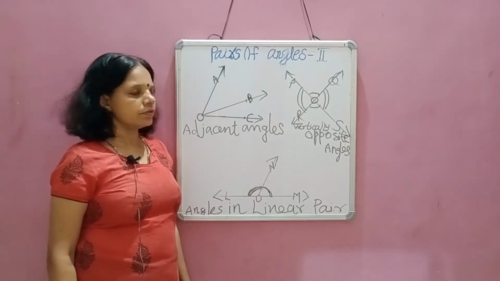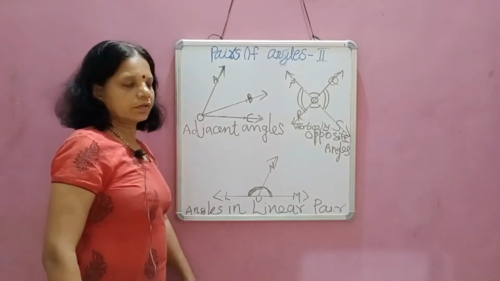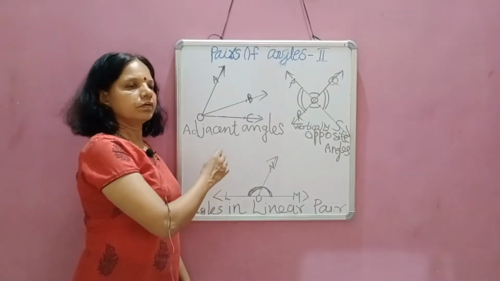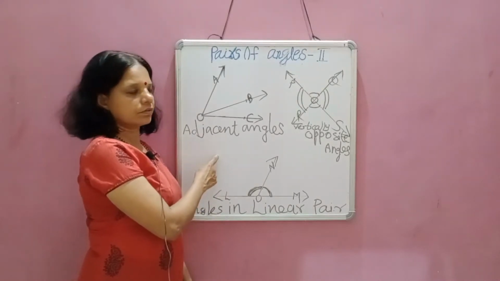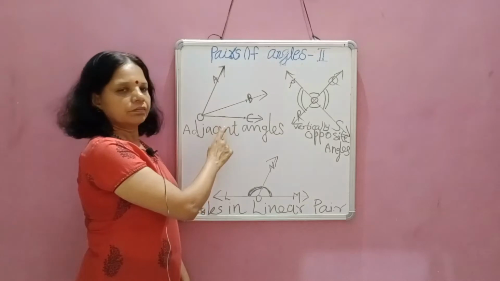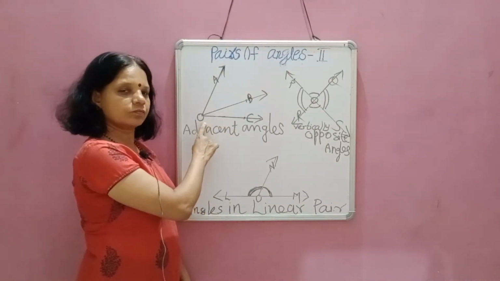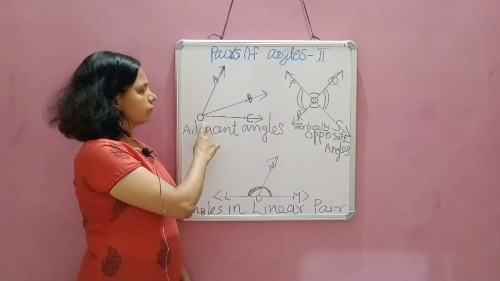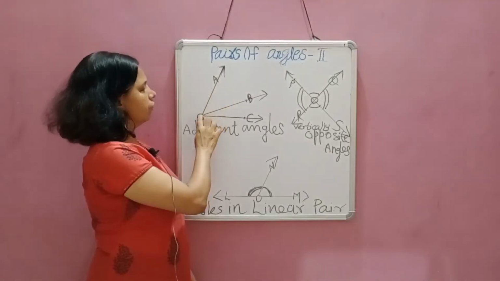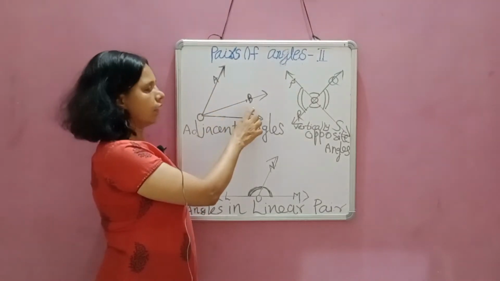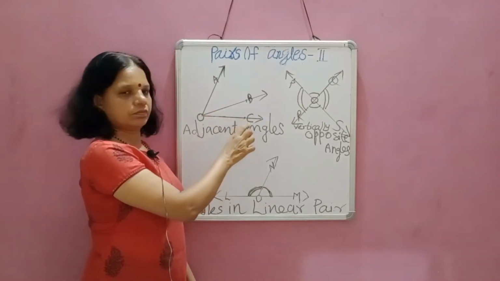Now see the first figure. There are two angles joined to each other here. They have the same vertex. Which two angles am I considering? See, angle AOB and angle BOC.